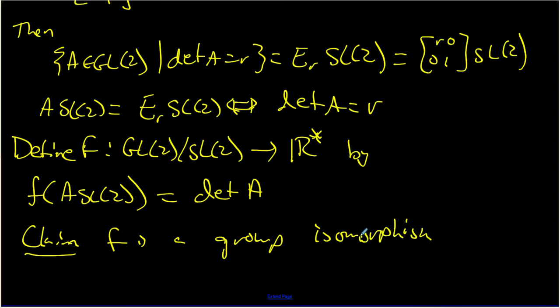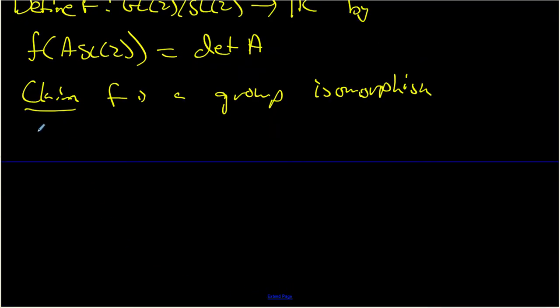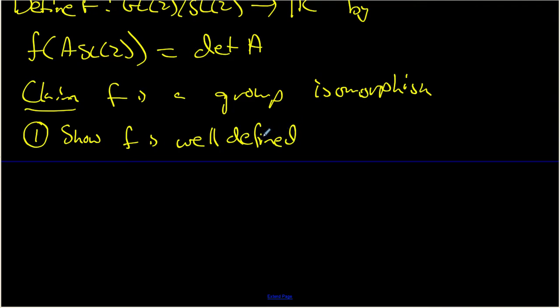Now, to show that this is a group isomorphism, there are several things that we need to do. The first one is, because cosets have multiple names, we do need to show that f is well-defined. In other words, we need to make sure that the value of f does not depend upon the name that we choose for a particular left coset.